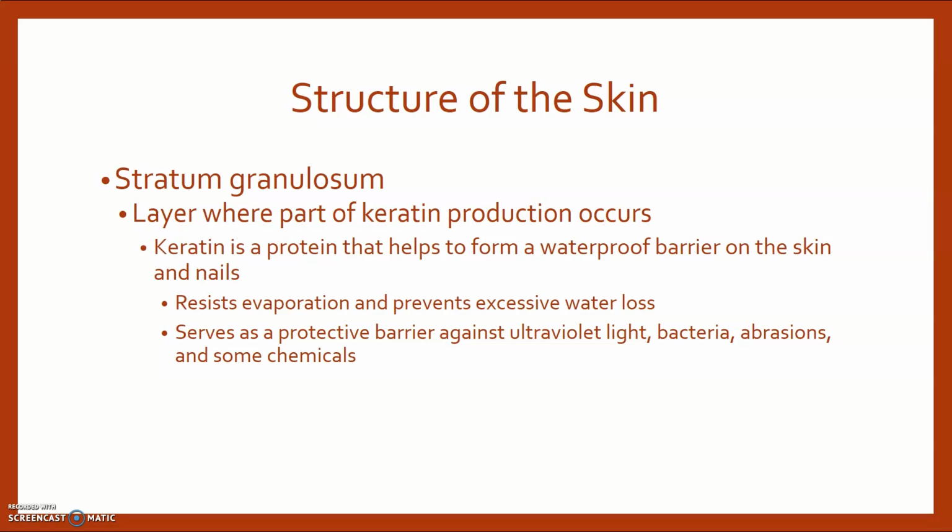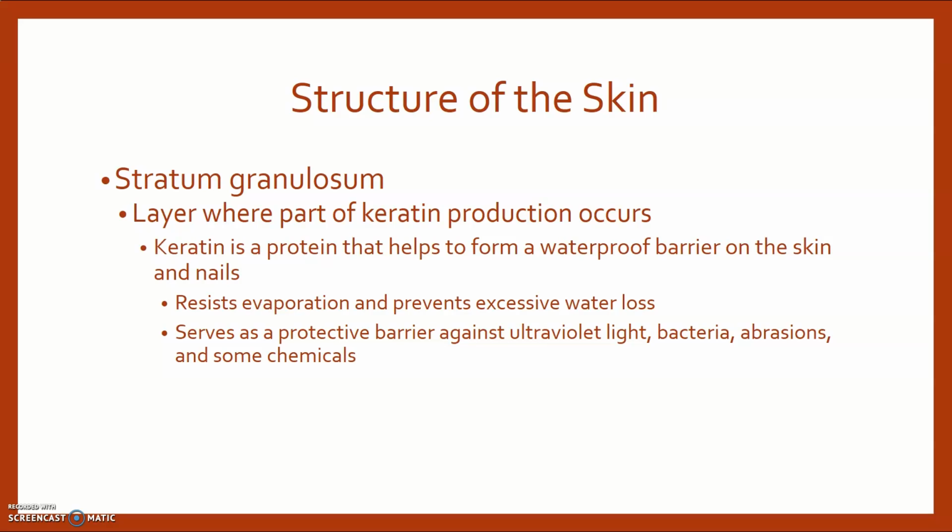But some important characteristics about keratin is that it resists evaporation, and by doing so, it helps to prevent excessive water loss. So we will lose water through the skin by this process of evaporation as our skin tries to help regulate our body temperature. And this keratin helps to preserve water loss that we could lose from evaporation.